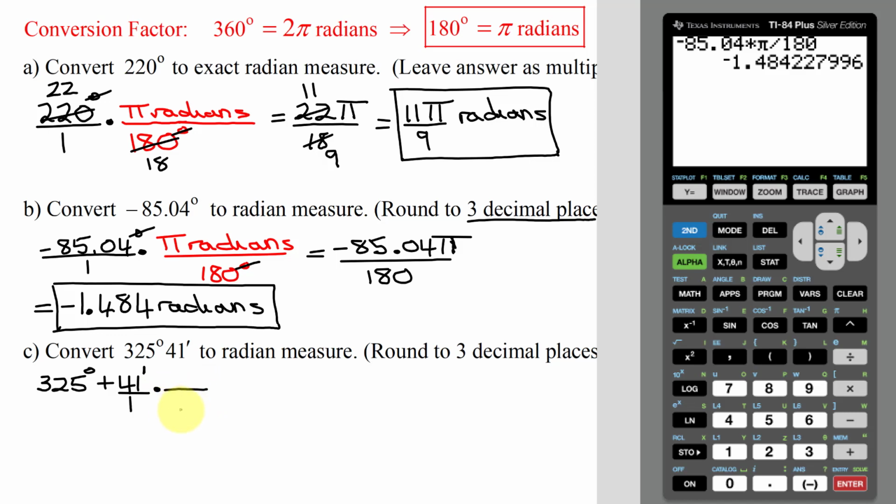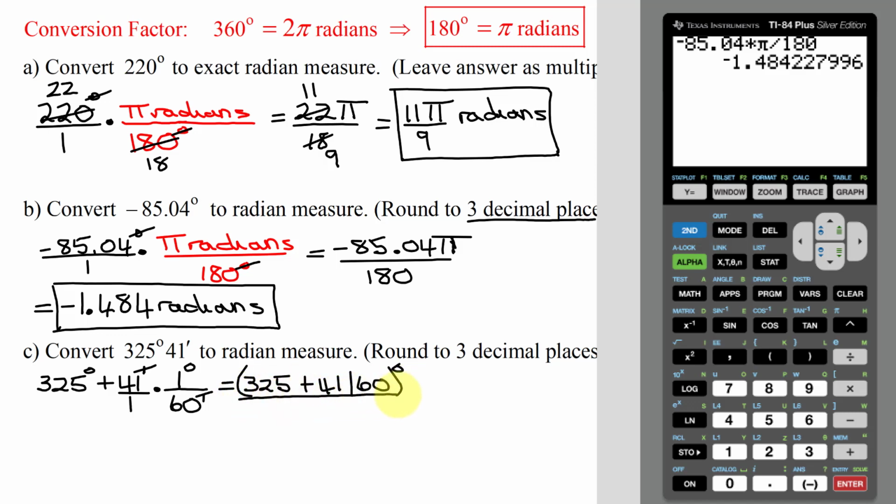I need minutes down here to reduce with those minutes, so I have 60 minutes is 1 degree. My minutes reduce, and so I'm going to get 325 plus 41 divided by 60. They're both in degrees. So that is my degree measure. I'm going to let the calculator turn that into decimal degrees.